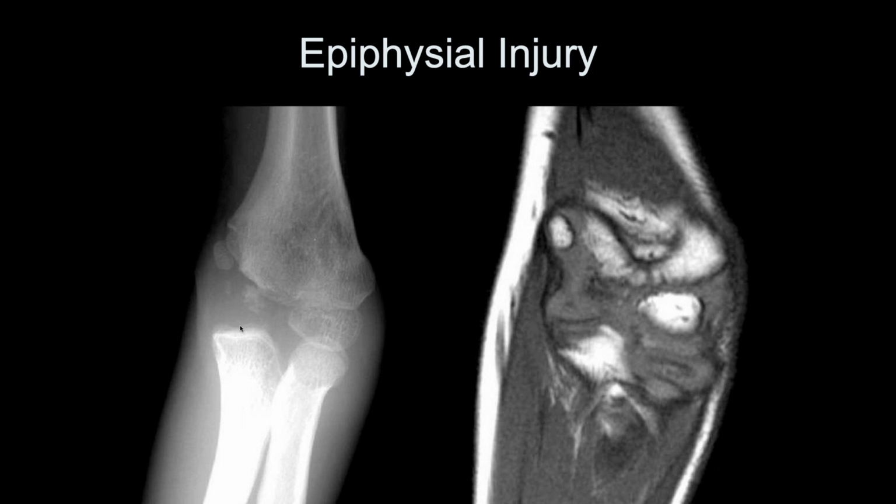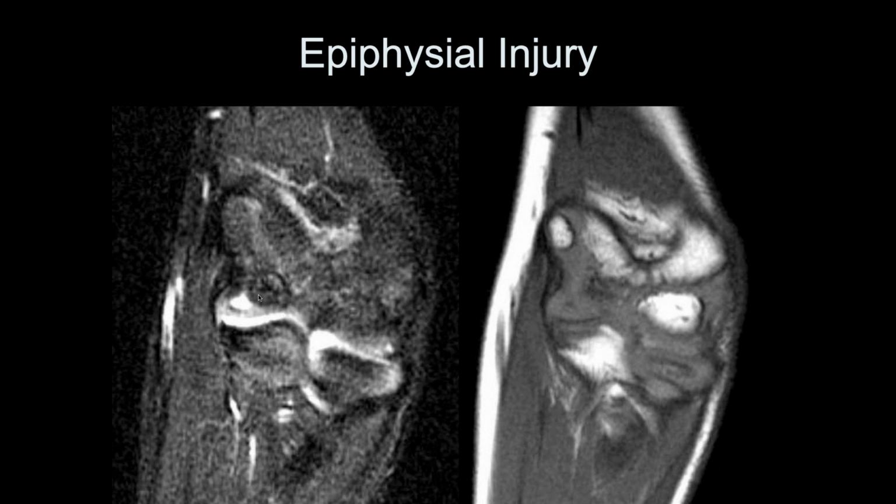I think the proximal ulna, the coronoid, also has some edema there, and the distal humerus also looks like there's a lot of edema. We see a little bit of fluid here. Growth cartilage here, and this was an epiphyseal injury.